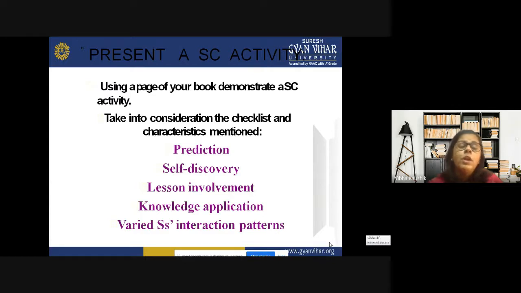Lesson involvement: how different students are involved in the lesson or not. Knowledge application: whether they will be able to apply the knowledge they get or not. Various student interaction patterns means various interaction patterns among the students.